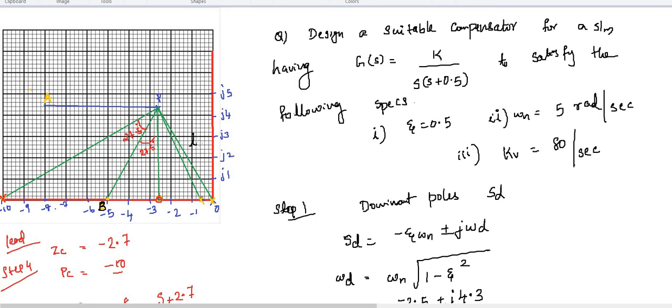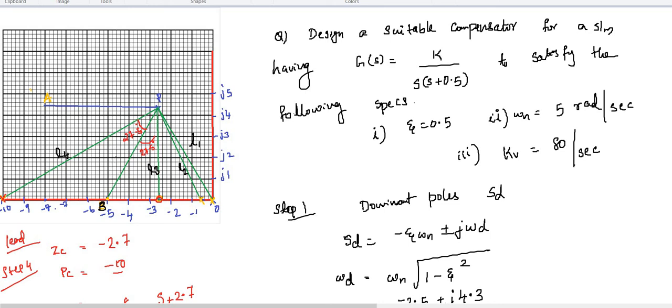open loop poles of the given system, L1 and L2. I can represent it as L1 and L2. Now at S is equal to minus 2.73 there is a zero of the compensator, that is for the lead section.